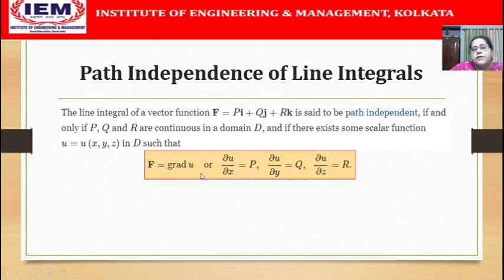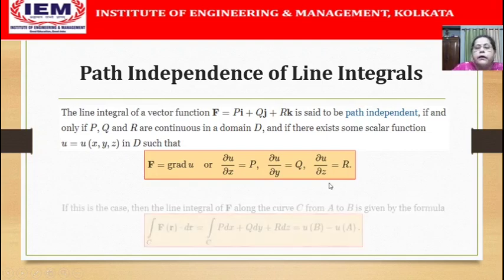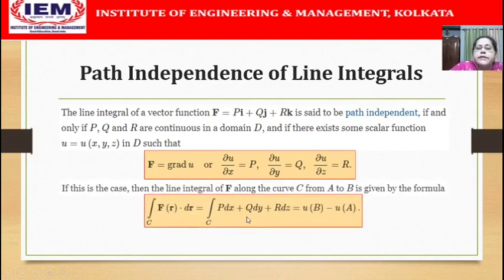That essentially means del u del x equals P, del u del y equals Q, and del u del z equals R. And in this case, the line integral along the curve C from A to B is just given by u(B) minus u(A). That is the difference of the value of the function u at the points B and A. Why is this so?